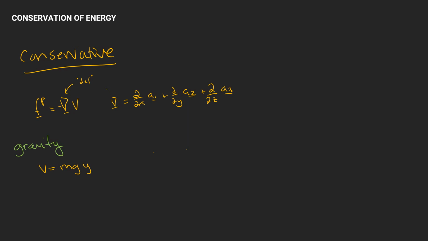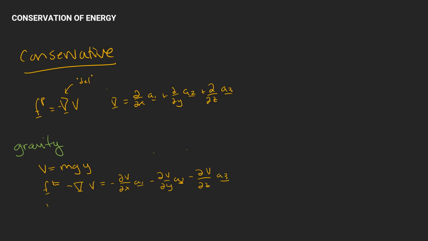So our force is equal to the negative del times V, this is the partial of V with respect to x, A1, minus partial with respect to y, A2, minus partial with respect to z, A3.